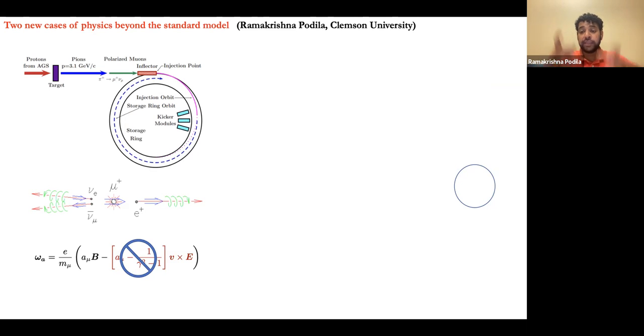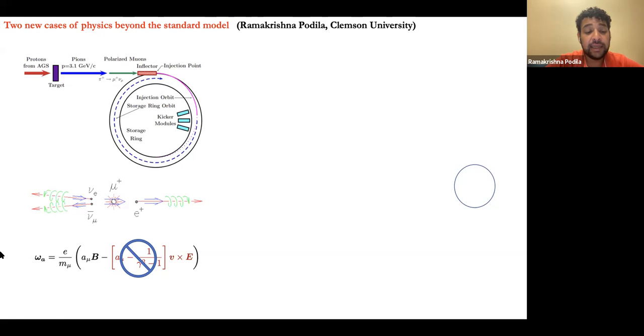Because these positions of the calorimeters are fixed, we cannot have an orbit that is not vertically stable. If we did, we cannot make any meaningful sense out of the data that we see. So that's the reason why you have to apply an extra quadrupole field to provide this vertical stability, because we are fixing the calorimeter positions.